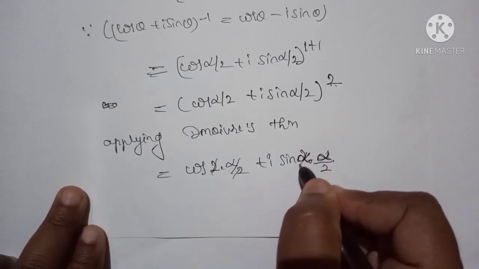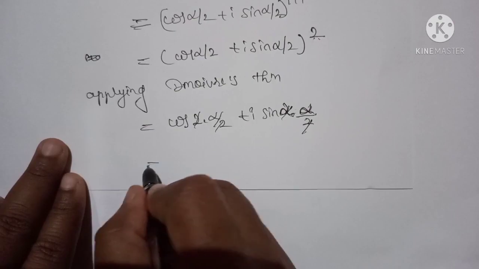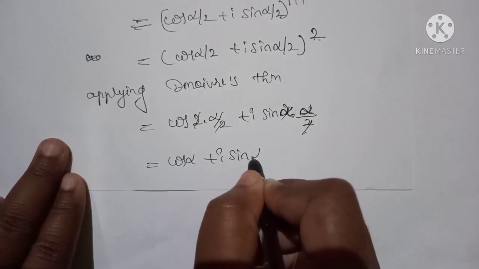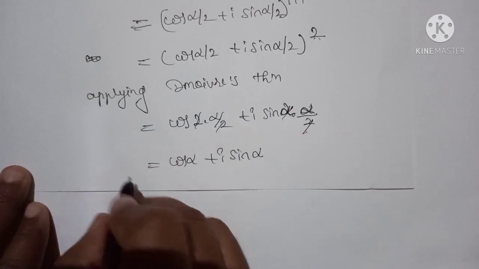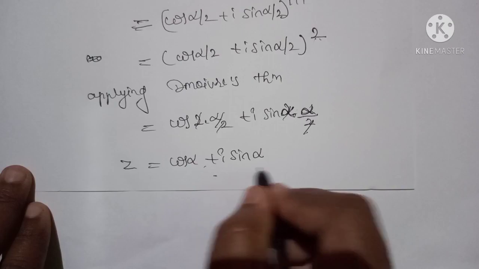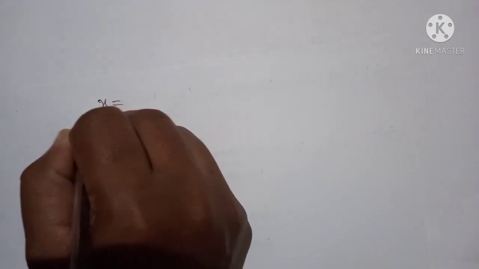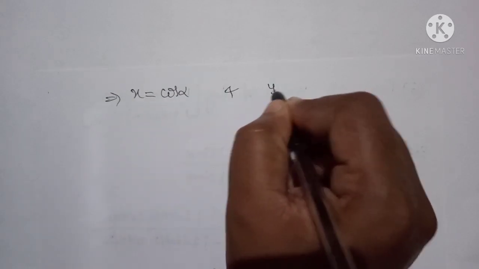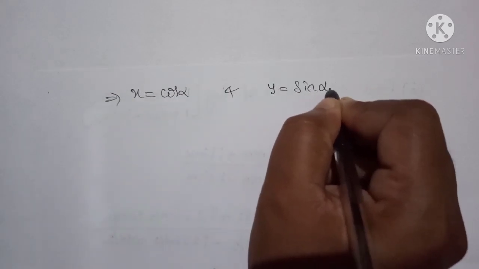So the 2 gets cancelled, and we simply get cos alpha plus I sin alpha. Now we have separated the real and imaginary parts, which implies that x equals cos alpha and y equals sin alpha.